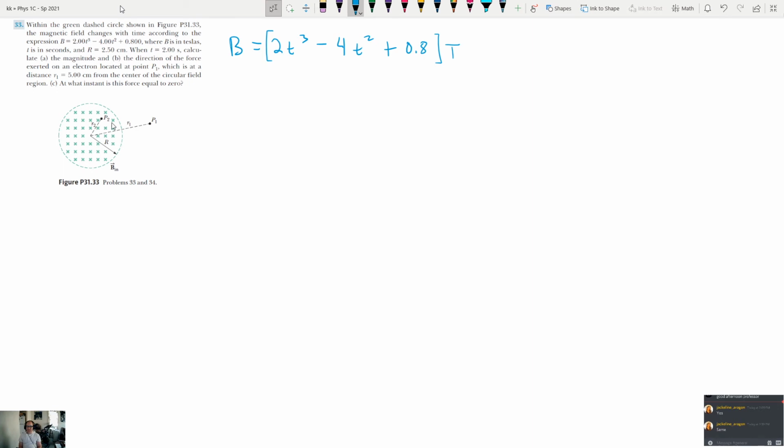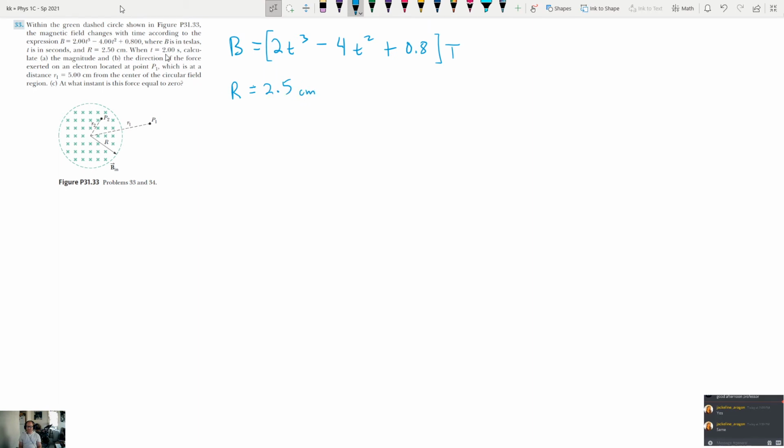and t in seconds. The radius capital R, so if you can see here, R is the radius of basically the extent of where the magnetic field is. That radius is, okay, no, it's not little r, it's big R. So that radius is 2.5 cm.